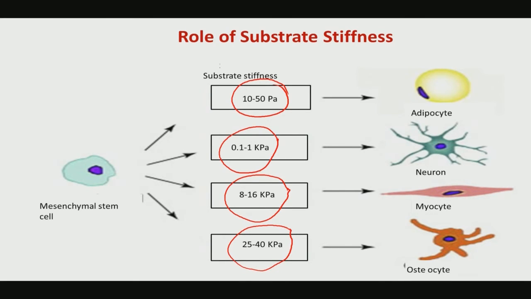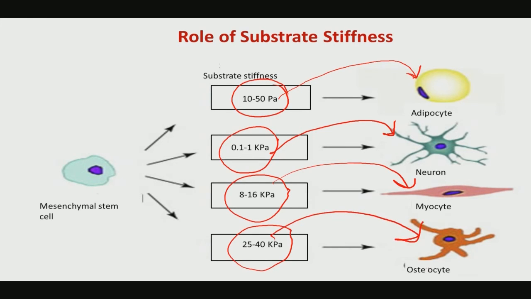What they found is quite intriguing: when they grew the stem cells on 10 to 50 Pascal, which is less than 100 Pascal, these stem cells differentiated to adipocytes. At 0.1 to 1 kilopascal, they showed very characteristic features of neuron-like cells, neurogenic differentiation. At 8 to 16 kilopascal, myocytes, and at 25 to 40 kilopascal, osteocytes, that is, bone cells.